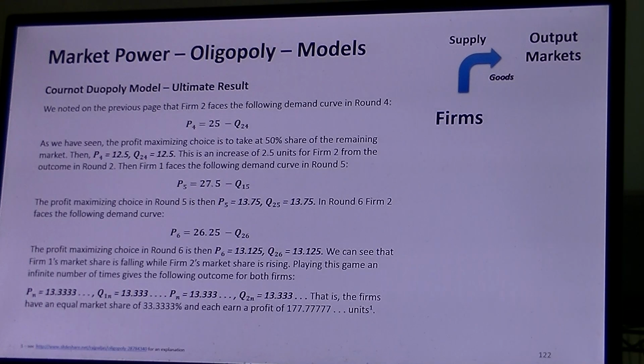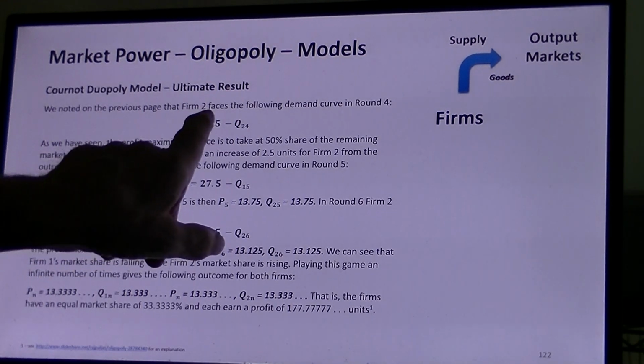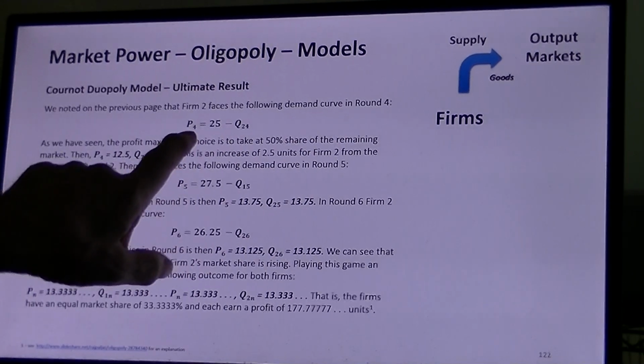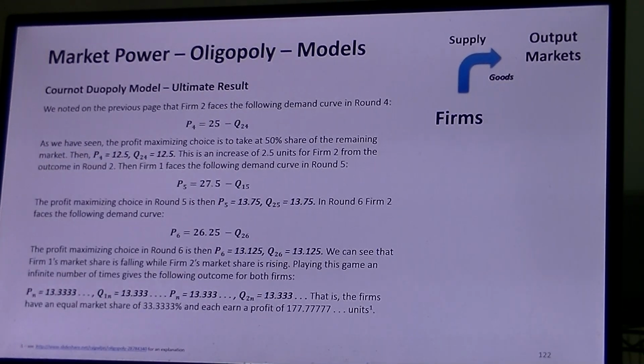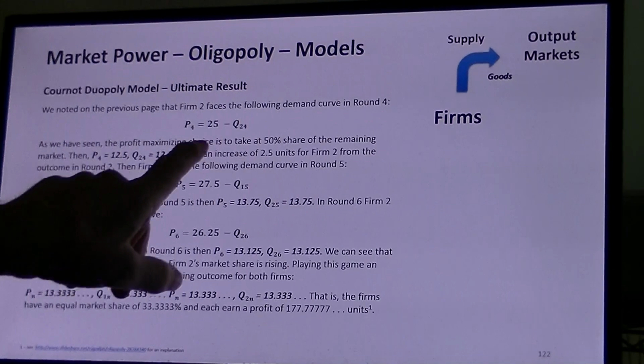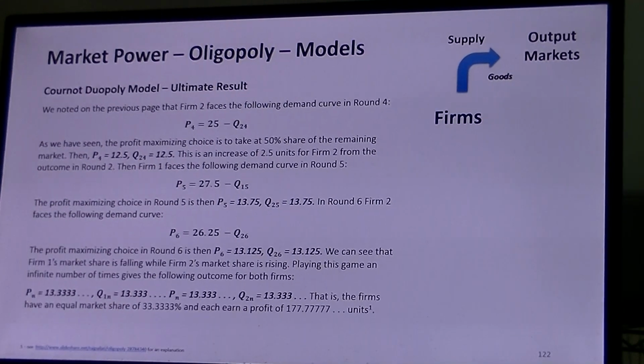But at any rate, here is firm 2 in the demand in round 4. They have 25. The remaining market now is 25. They maximize their profits, half the market, 12.5.